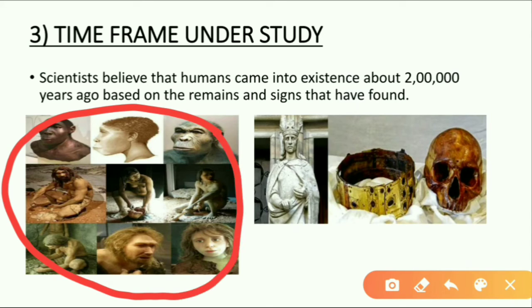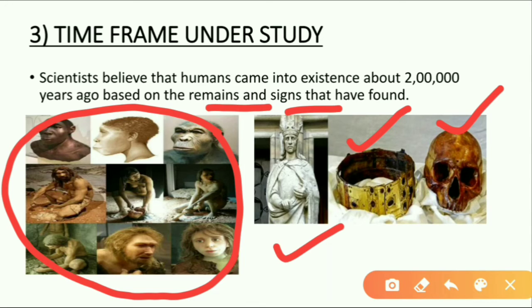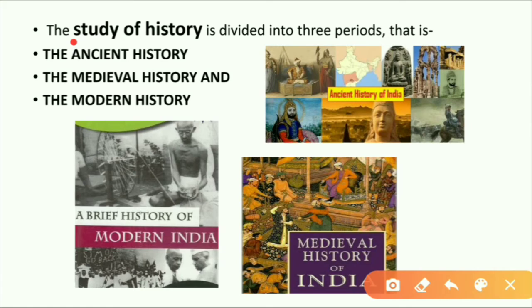You can see in this picture. The scientists studied the remains and the signs, whatever evidence they found, like the metals or ornaments, or evidence like dead bodies and skeletons.